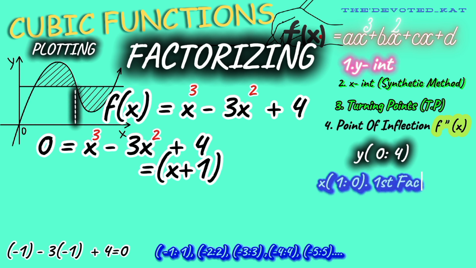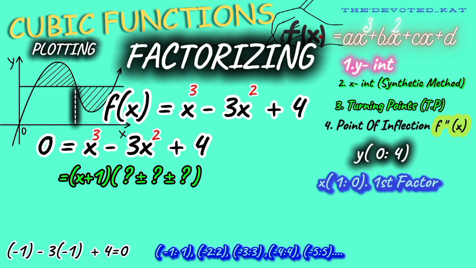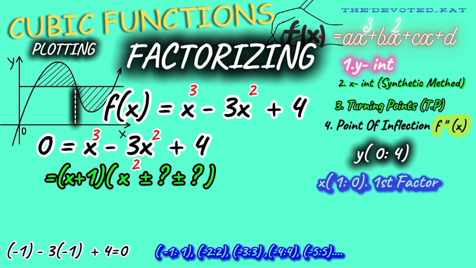Then we open our second bracket. To find the first term, ask yourself, which term can I multiply with x to get x cubed? The answer is obviously x squared. For the last term, you check which number I can multiply with 1 to find my last term, which will be 4.